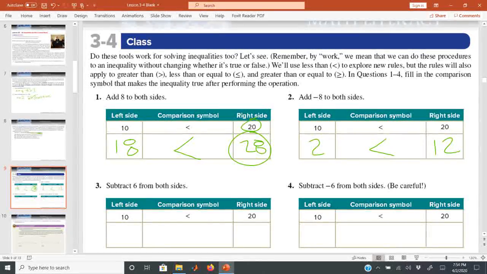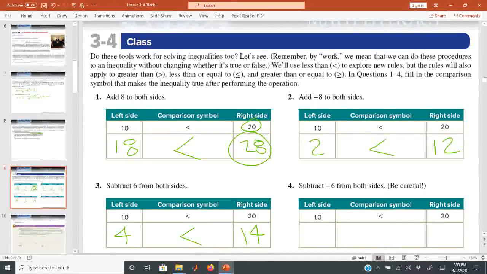Subtract 6 from both sides. 10 minus 6 is 4. 20 minus 6 is 14. 4 is still less than 14. And subtracting negative 6 from both sides. If we subtract a negative 6, what would the number have been before we added negative 6? That would have been 16. 16 plus negative 6 gives me 10.